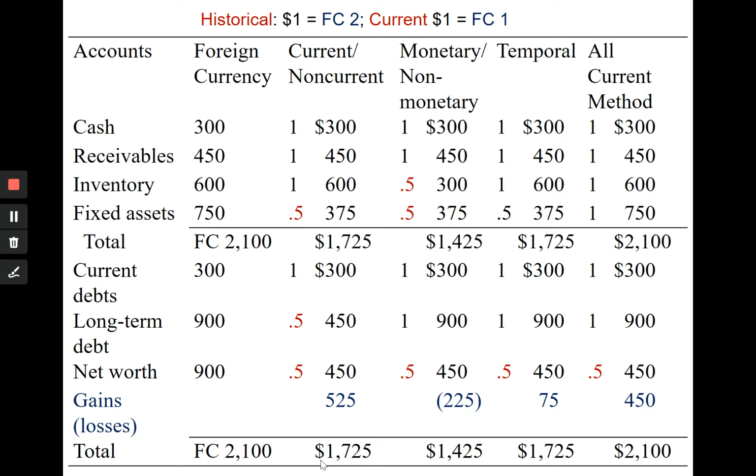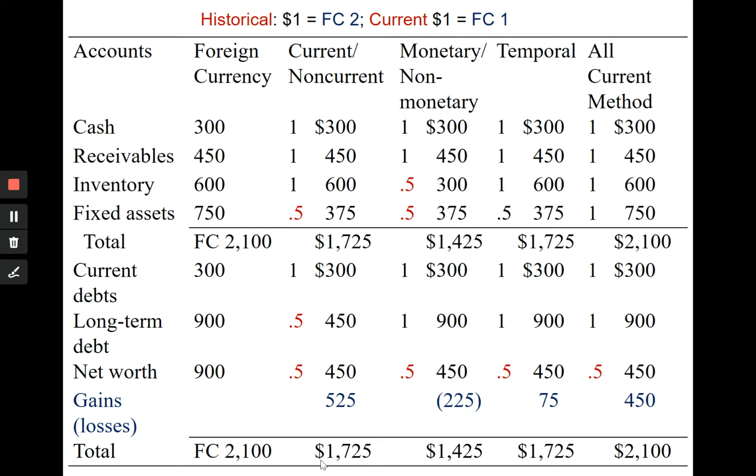Then we go to the liability and equity side of the balance sheet. There is a current debt of 300, short-term debt. All of the short-term liabilities added up to 300 units of FC. Long-term debt capital is 900 FC, and net worth or equity is another 900 FC.